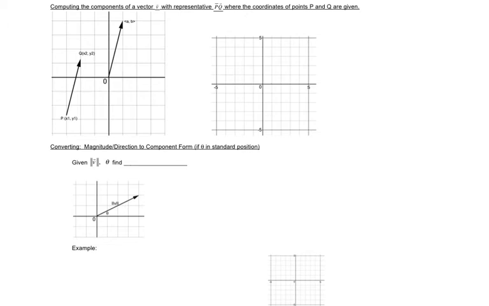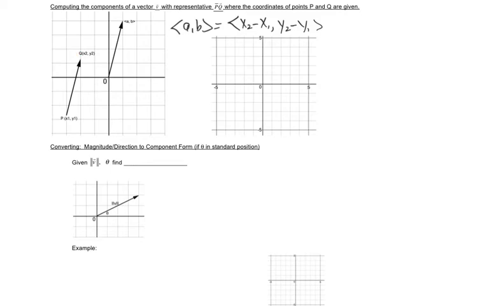So PQ is going to equal x2 minus x1, comma y2 minus y1. So we subtract, and you have to be careful, it's Q's coordinates minus P's coordinates, because the direction from P to Q is important.